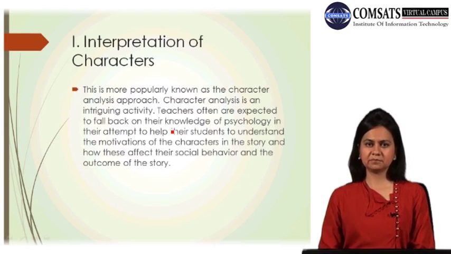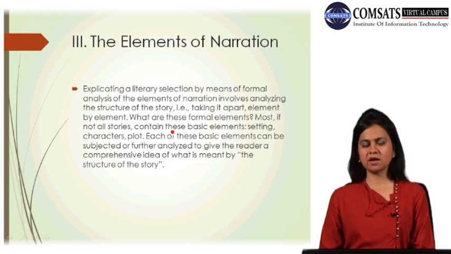Then, observing the other elements of literary stylistics, a stylistician would look at other forms of expression like plot, or the sequence of events, and setting, the appearance and the place where the text occurs or where the events take place. So this brings us to the end of today's lesson.